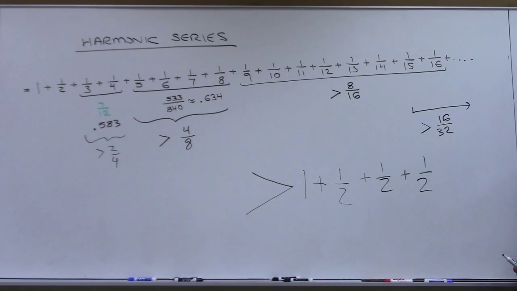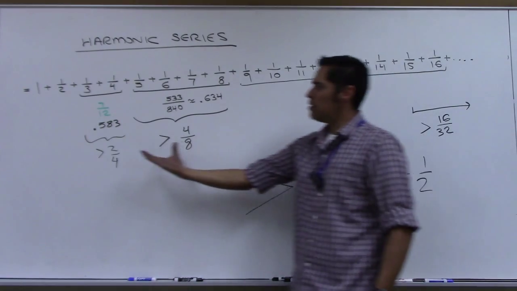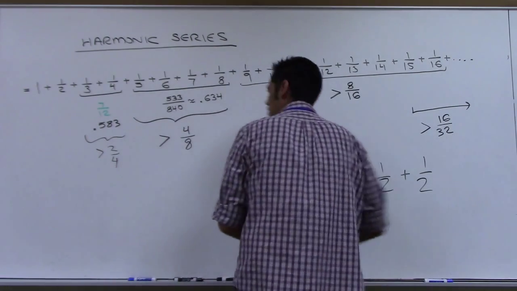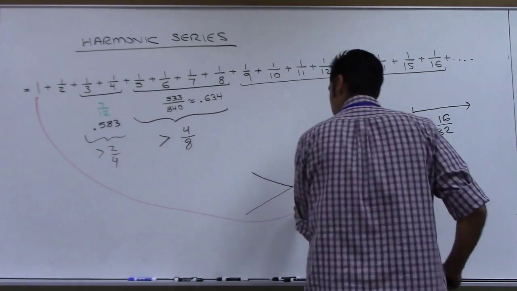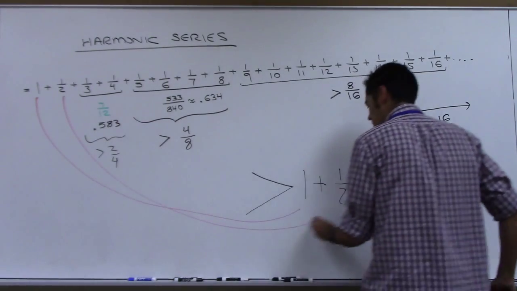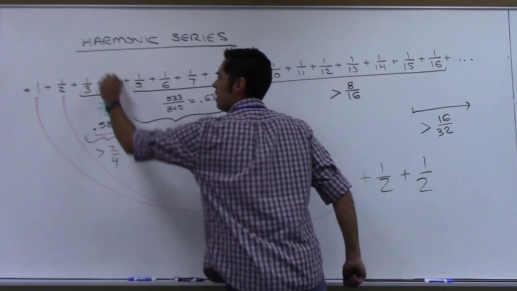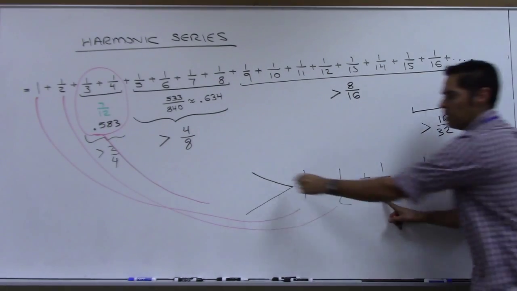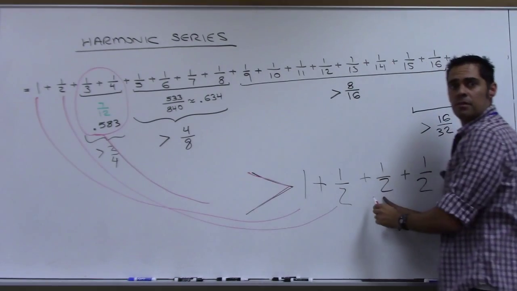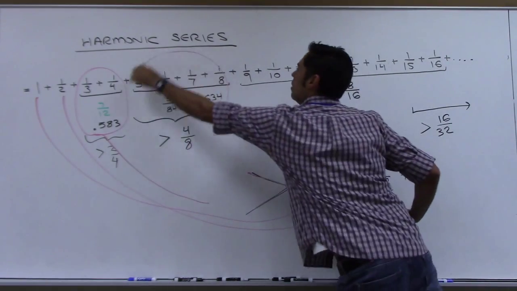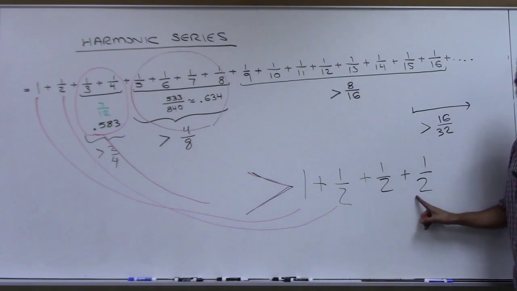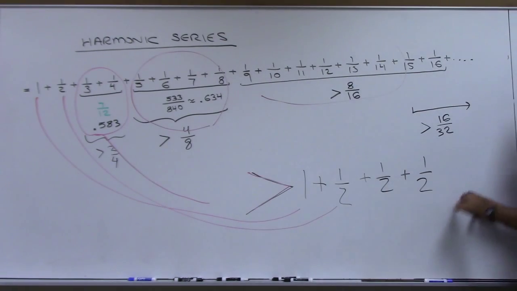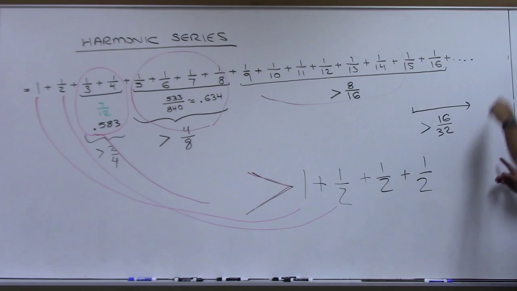Are y'all following? I felt like I lost you there. This is bigger than a 1/2, right? The things I'm trying to match up, these are the same. This right here is bigger than that, which is why this sum is bigger than this. The next group of 4 is bigger than another 1/2, and the next group of 8 is bigger than the next 1/2, and the next one and the next one.